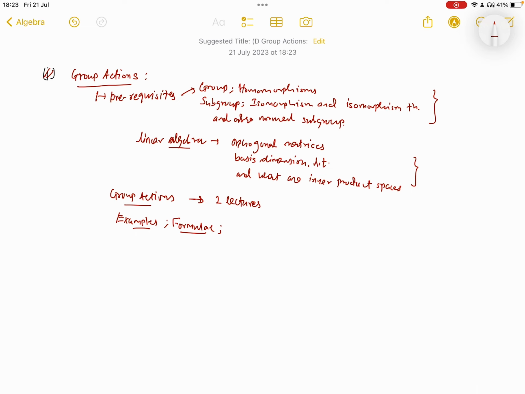This will be a lot simpler proof using group actions. For example, Lagrange's theorem and another few countability-like statements like this. And now there will be a few examples.